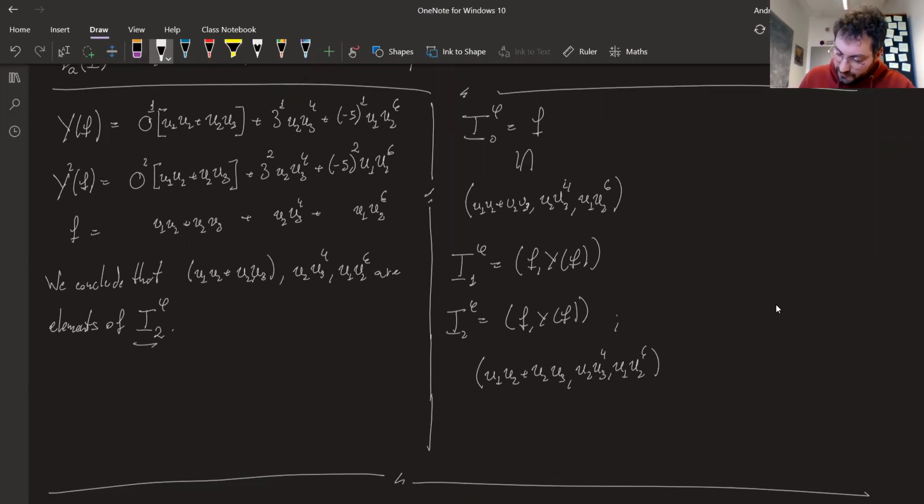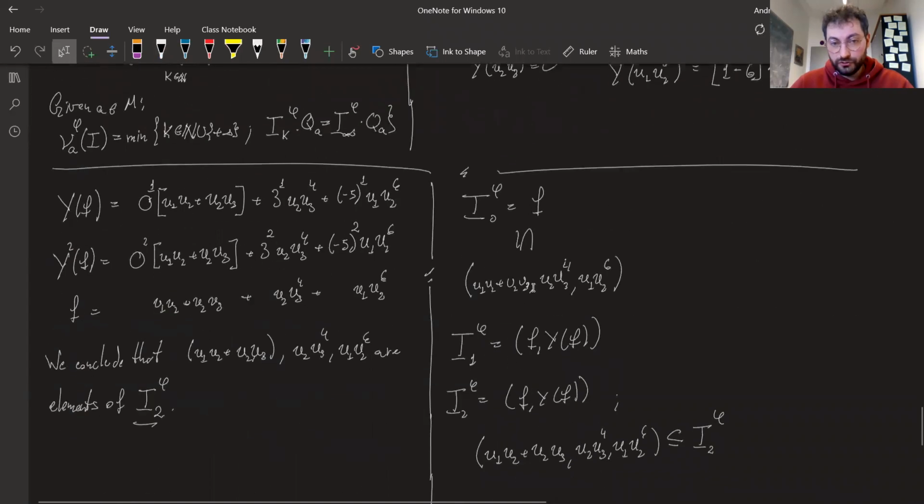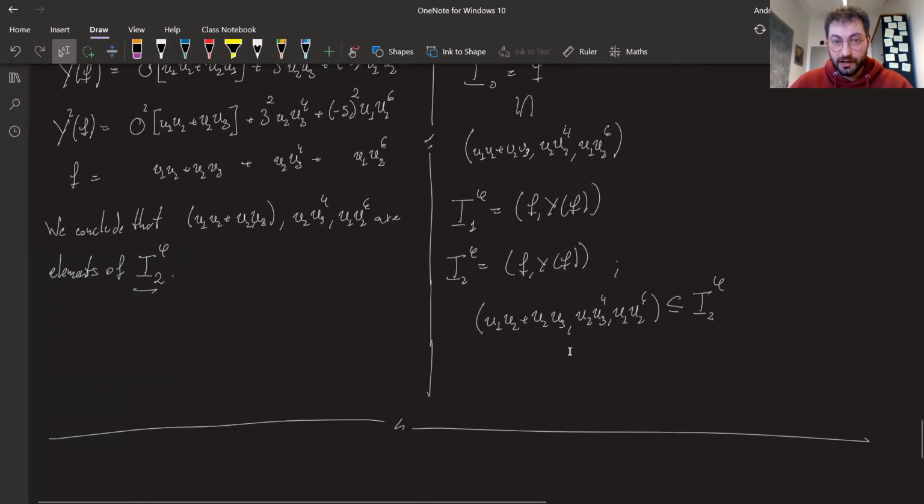Right? So this one we know is going to be contained by the previous argument in I2 phi. And on the other hand, we know that this ideal is invariant by the derivations in phi. We have computed them just here. They're invariant. We're keeping them. So they also contain I1 phi, and therefore they also contain I2.